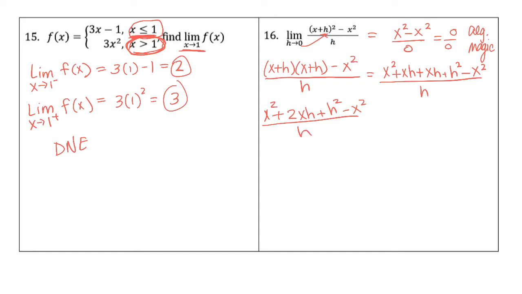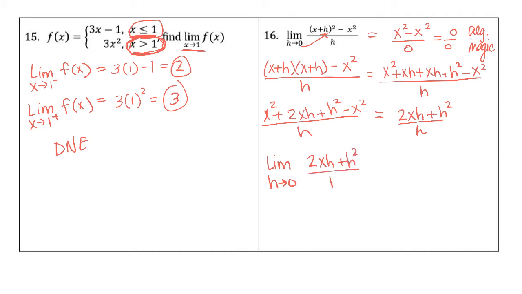So again, we've not done the limit yet. We are just simply trying to go through and reduce this down. So our x squared terms will cancel, so I have 2xh plus h squared, and that's all over h. And it looks like the h's will reduce down. So our limit now that we need to evaluate is going to be the limit as h approaches 0 of 2xh plus h squared all over h.